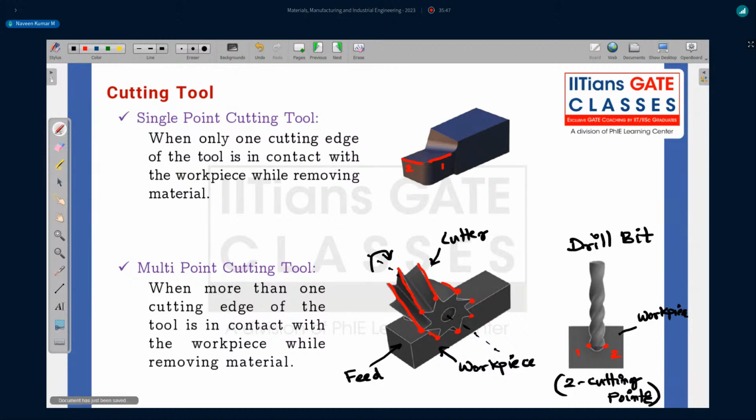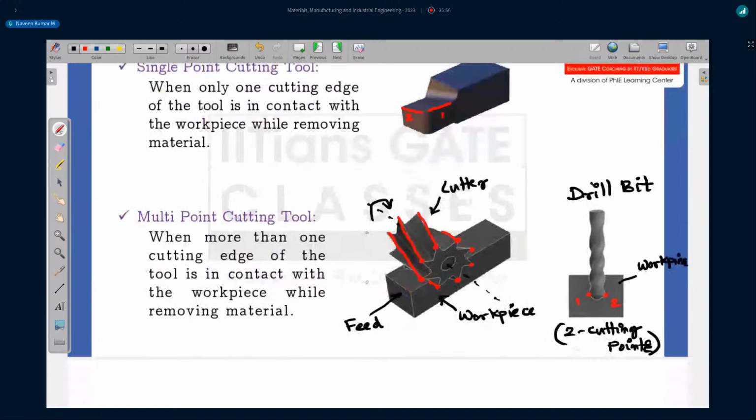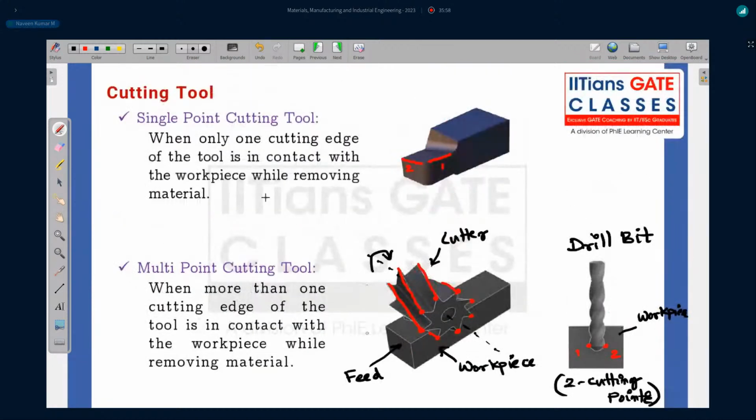Different cutting tools, examples can be given. For single point, we have already seen the turning tool.